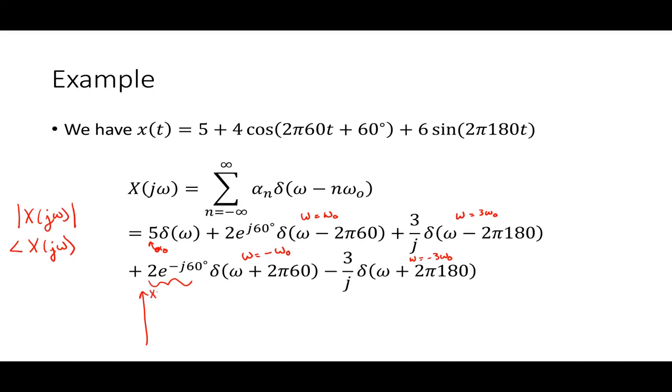Here's X of j omega, and let's do the magnitude. I know that always has to be positive, and there will be a value at omega naught and a value at 3 omega naught. This would be 2 omega naught, and there'll be a value at negative omega naught and negative 3 omega naught.